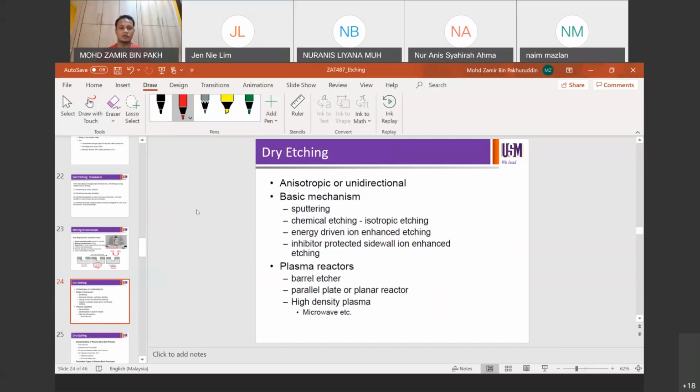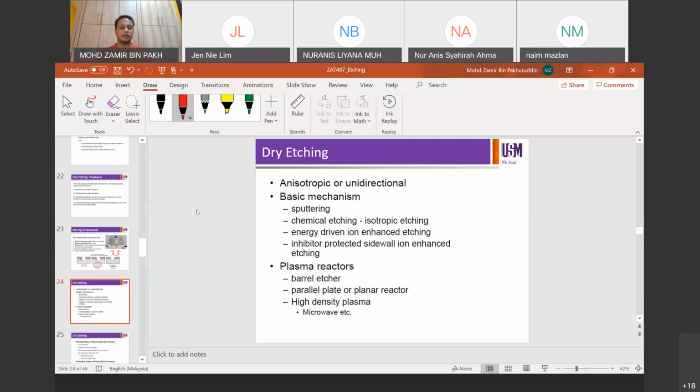To do dry etch, we can do sputtering, chemical etching, ion enhanced etching, multiple methods, but generally it involves removal of material by an etching process using plasma.